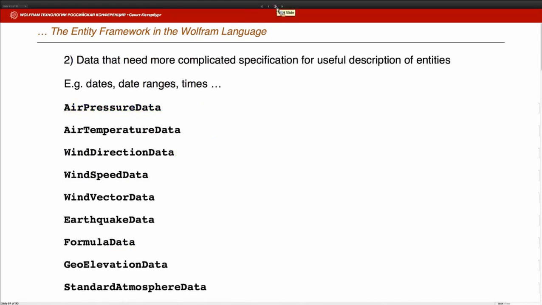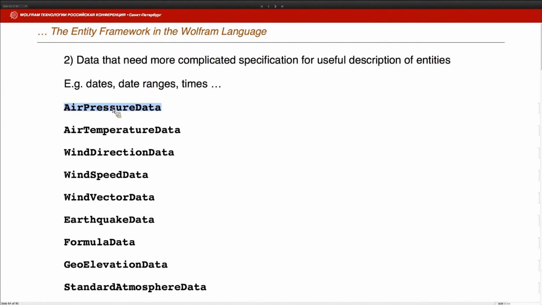And then there's a second reason why we have star Data functions. Some of the star Data functions are not just of this relatively rectangular form, entity and property, but they are more complicated. You might have to give additional parameters, like you might have to give times, positions, other values, like AirPressureData.